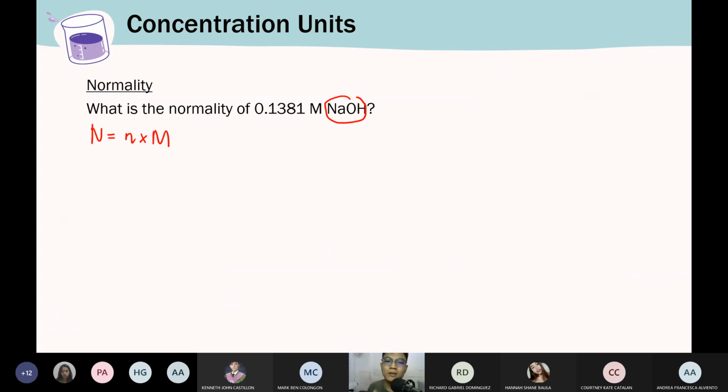Bakit uli 1 equivalence per mole lang yung sodium hydroxide? Anyone in the chat box? Bakit 1 ang equivalence factor ni sodium hydroxide? Bakit 1 ulit? 1 lang kasi yung OH. Okay? So, you can only get 1 OH. So, yan na.